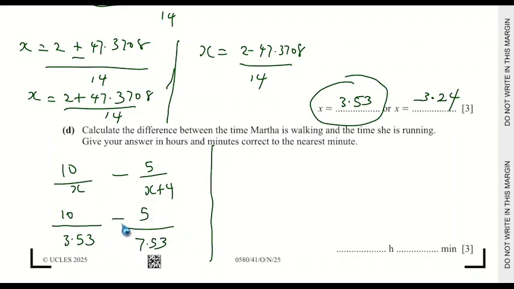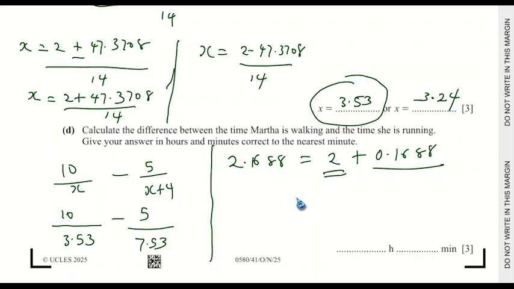Input this into your calculator. So you get 2.1688, which is the same as 2 plus 0.1688. So this is 2 hours and this is 0.1688 hour. So we need to convert this one to a minute.